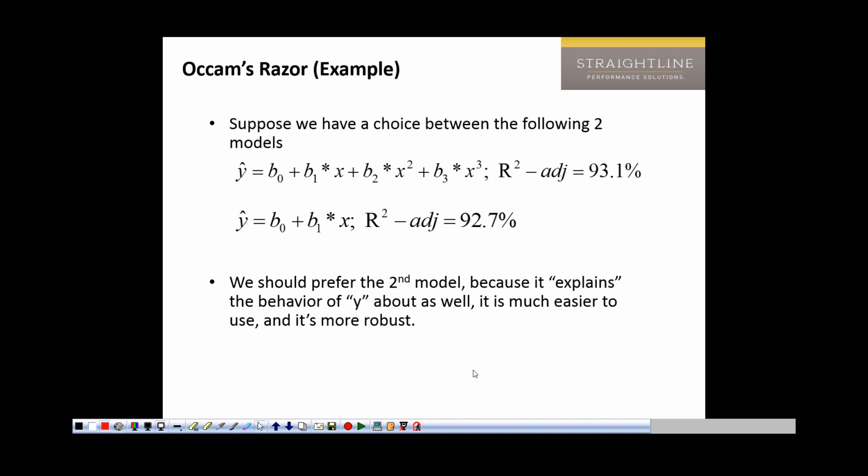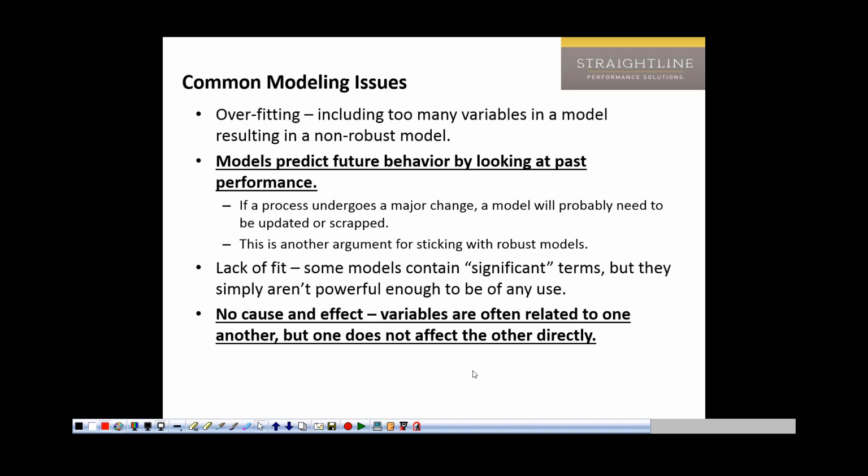Okay. All right. Now, because models predict future behavior by looking at the past, they can come with some problems. Models are not usually great when you look at an extremely quickly changing situation. That's one problem.